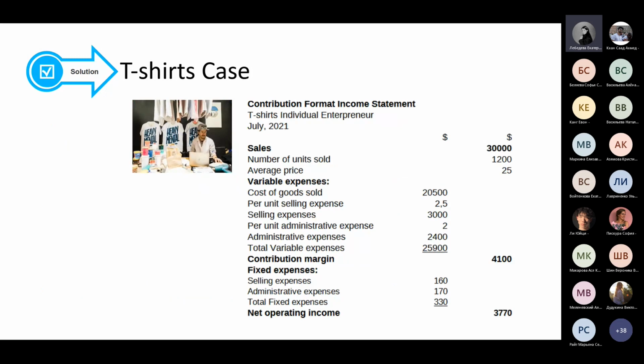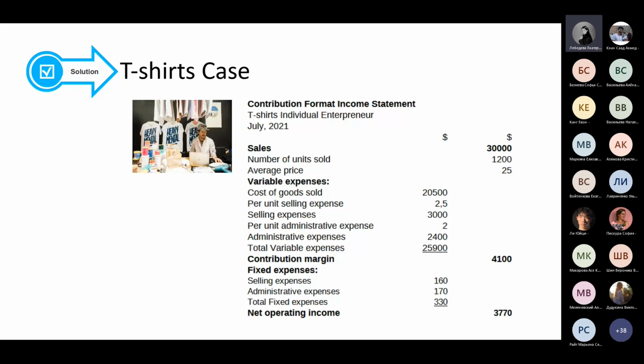And let me highlight that this form should include, first of all, the name of the statement, the name of the company, the period for which you have been developing this report. Then if we use the two-step income statement, we have to use two columns.